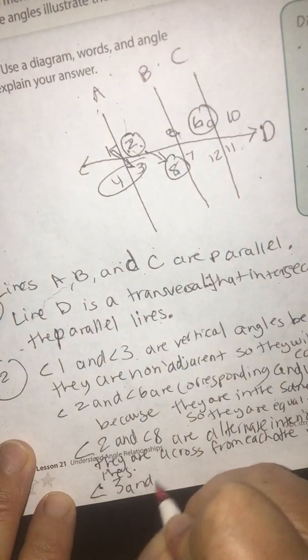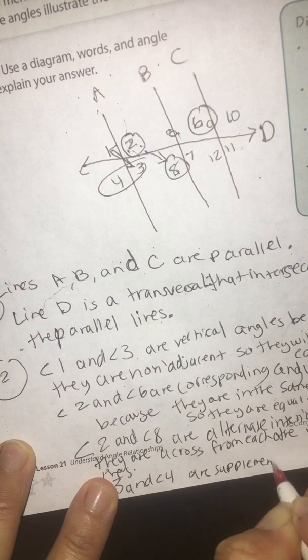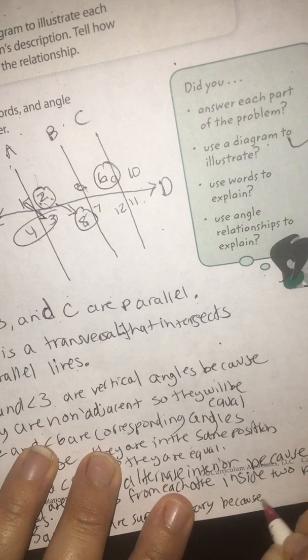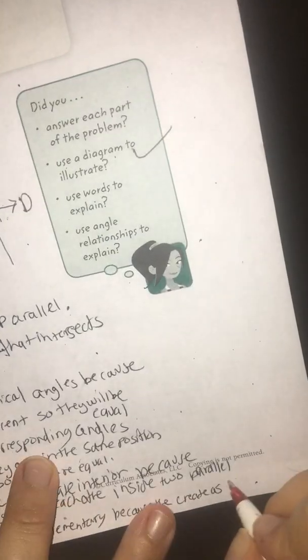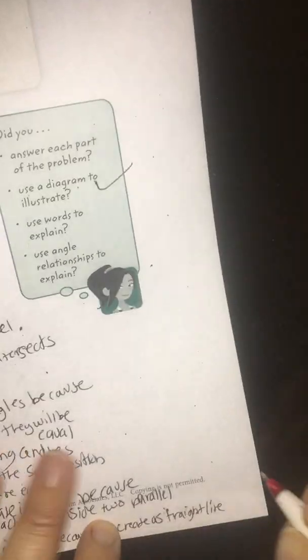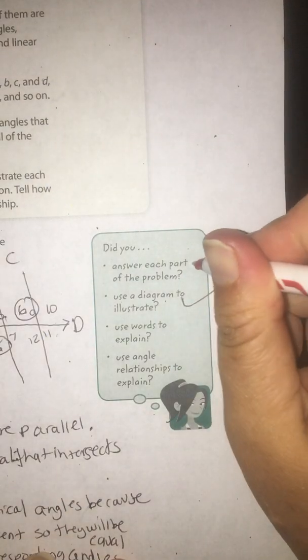Angles 3 and angle 4 are supplementary because they create a straight line. Running out of room, we're so thorough. A straight line adding up to 180.